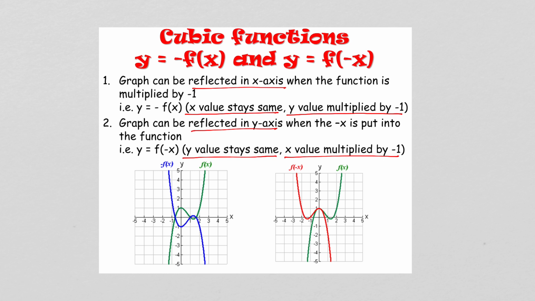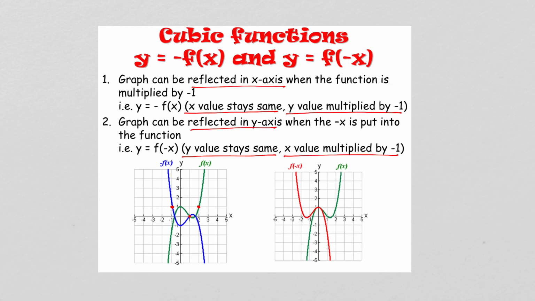So again, we can see here, if we were to pick a couple of points on f of x, if we were to have out to 2 and up to 1, well, the 2 becomes a minus 2 and the y stays the same. 1, 1 obviously wouldn't help us much because that's going to stay the same, or 1, 0 I should say. Sorry, I've done that wrong.